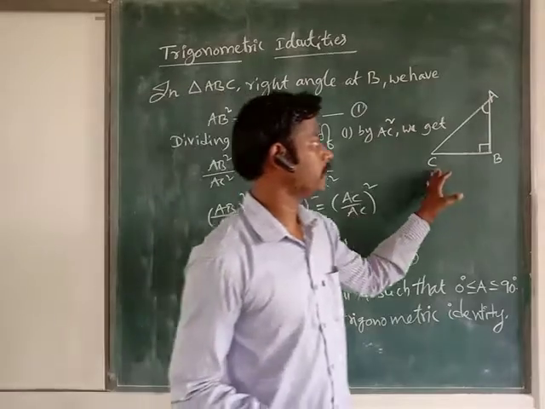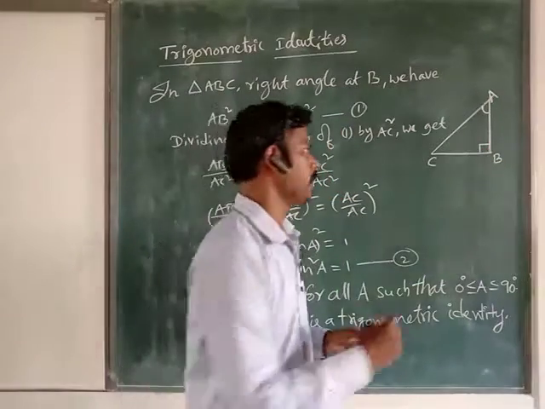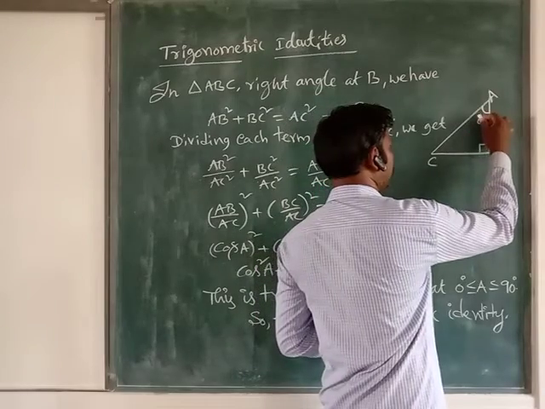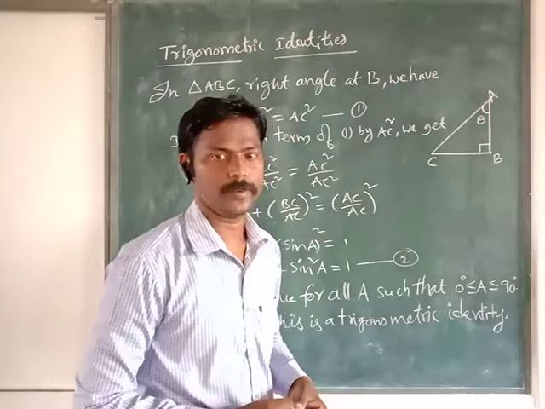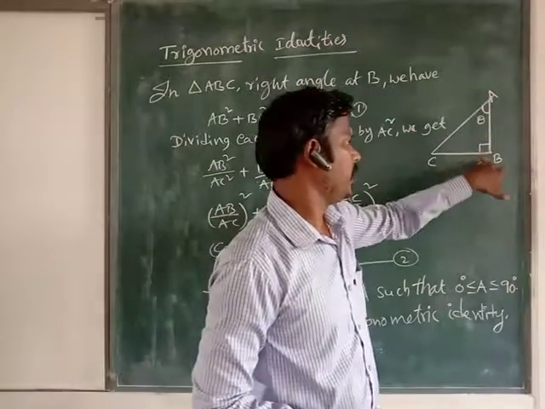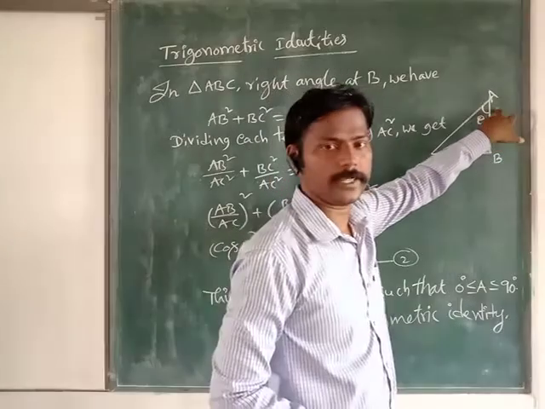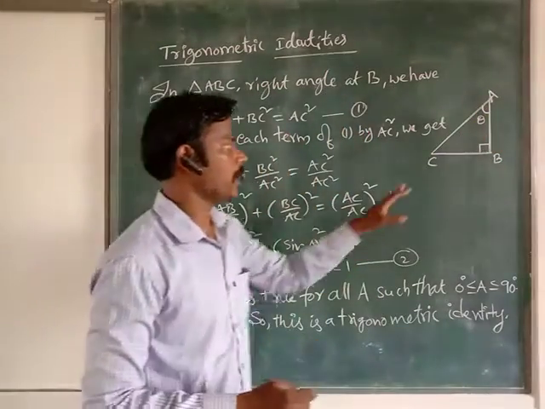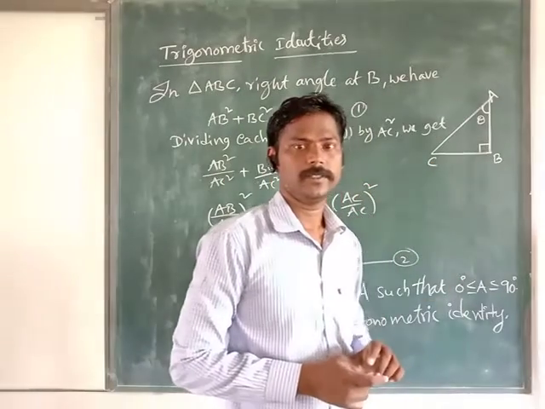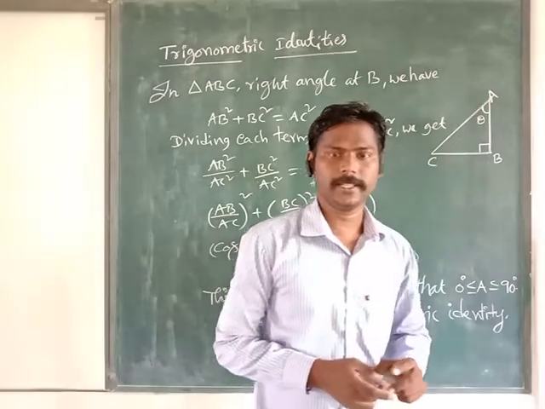Let us consider ABC, a right angle triangle. If I consider the angle at the vertex A, it is theta. Now we know the hypotenuse, we know the opposite, we know the adjacent.